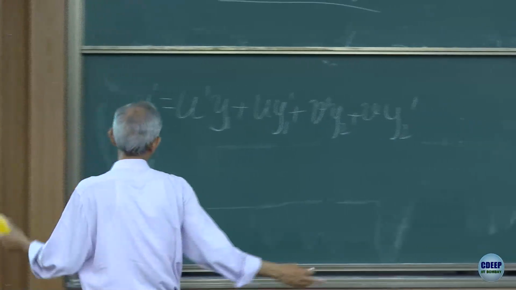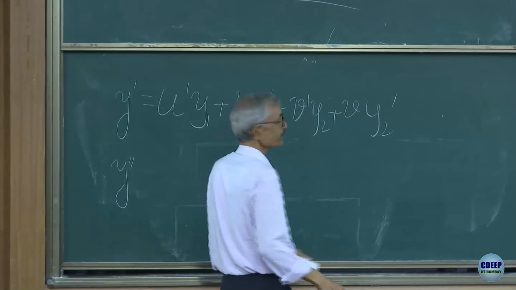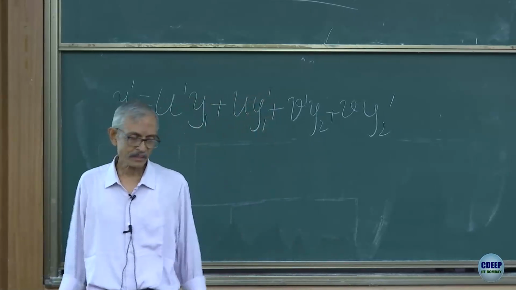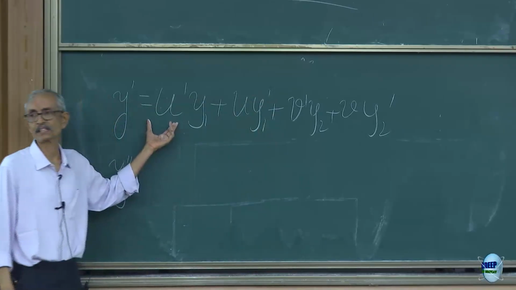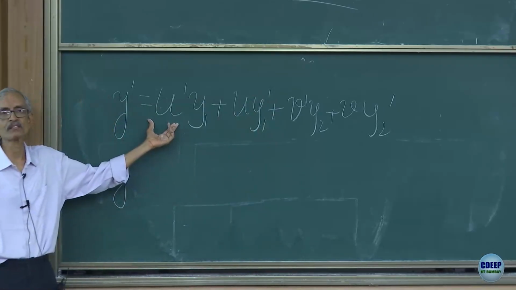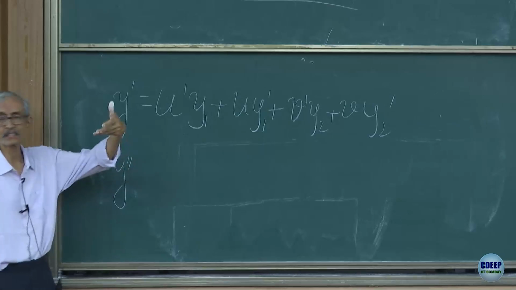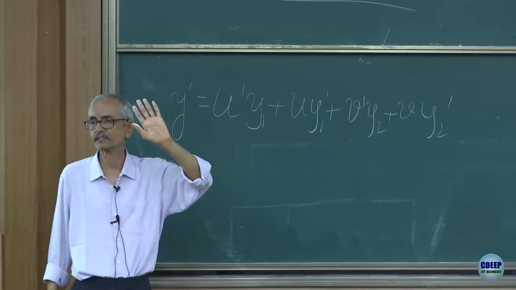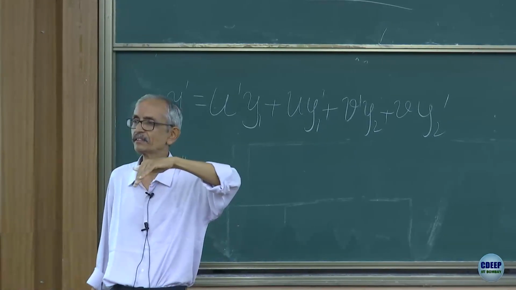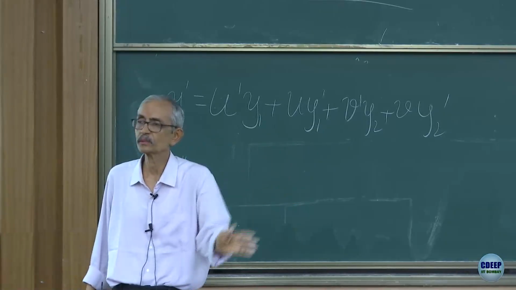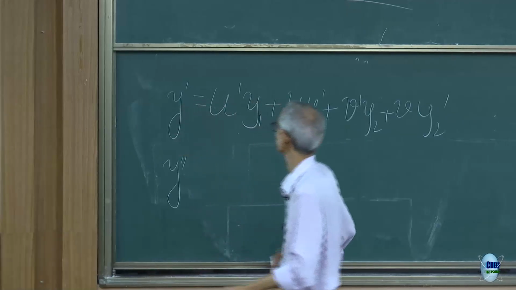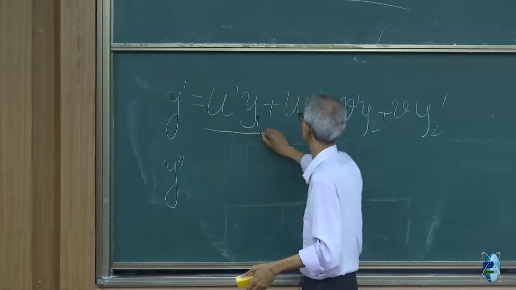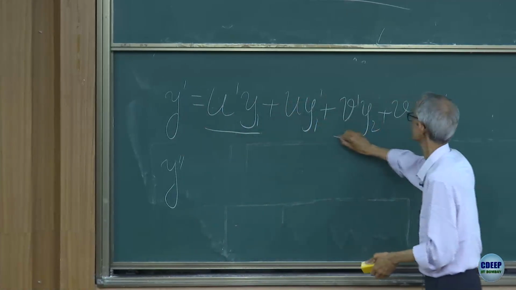What these mathematicians have done, they're very smart people. They said that I don't want to deal with the second derivative, so let me get rid of the first derivative itself before I take the second derivative. How can I get rid of this first derivative here? This is first derivative, this is first derivative.